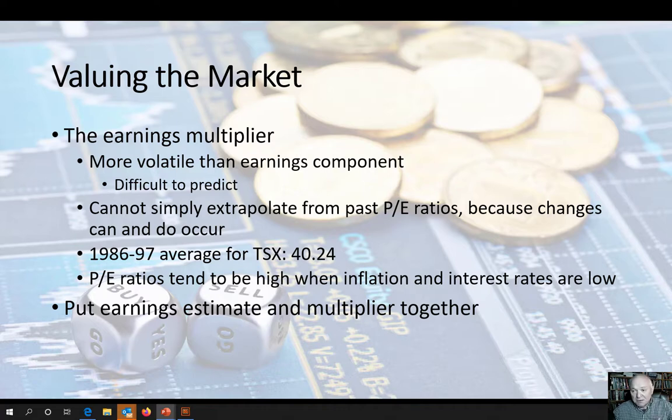Now, we've seen that the price earnings multiple is volatile. There's a great example of this provided by an economist called Robert Shiller, who looked at the average price earnings multiple in the United States, tried to make adjustments for regular business cycles, and produced something called the Shiller CAPE model.